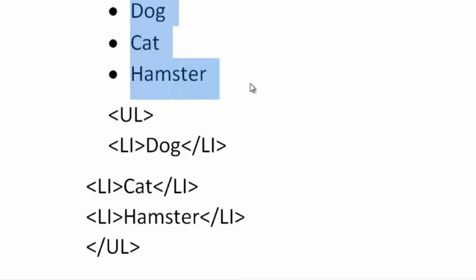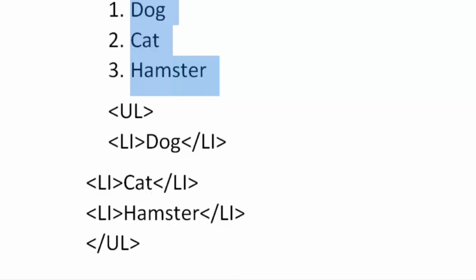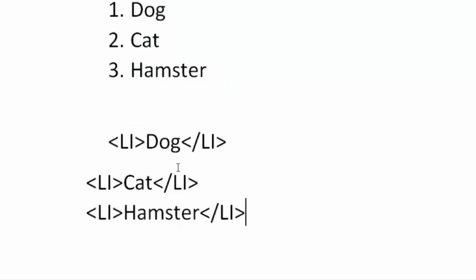Now, ordered lists are going to be something like 1, 2, 3, 4, 5, right? So if I switch it to this, the only items that need to change here are the open tag and the close tag. Everything else, the LIs stay the same.